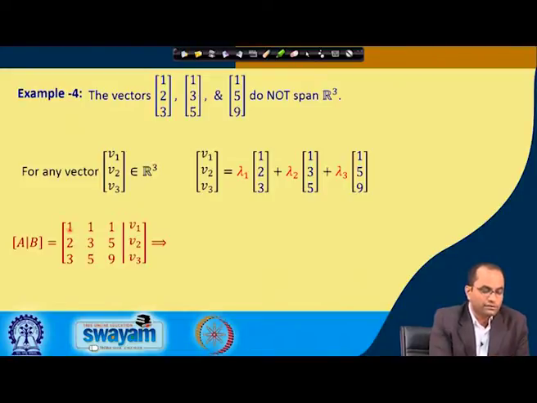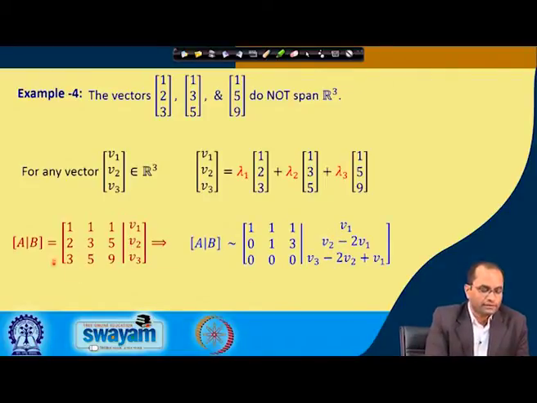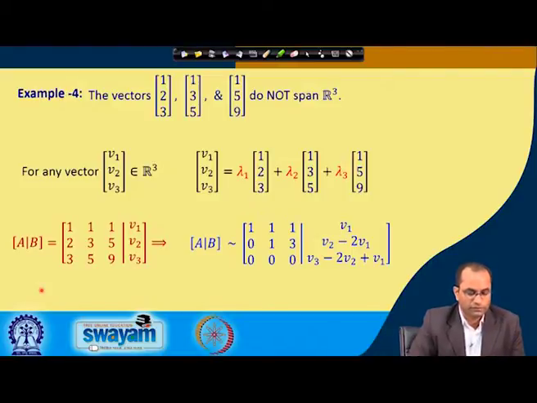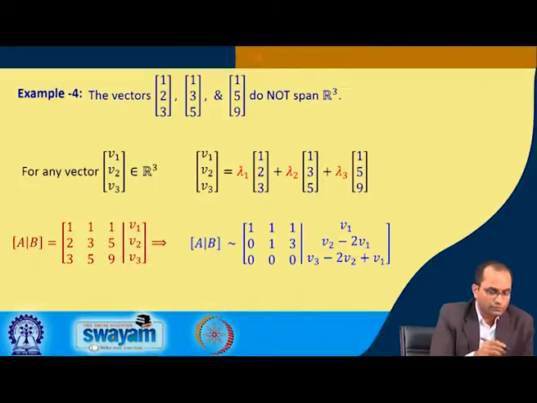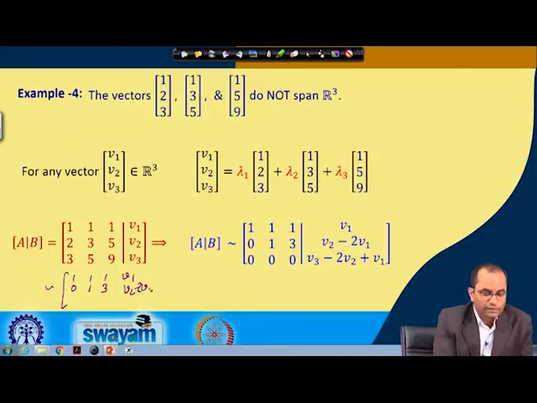So, we can make this 0 by multiplying this row by 2 and then subtracting, and then we will get here 1, and then here 3, and then V2 minus 2 V1. Just to give you the idea, the first row we keep, and from the second we subtract 2 times the first. So, this is 0, this is 1, and here we will get 3, and this will be V2 minus 2 V1.